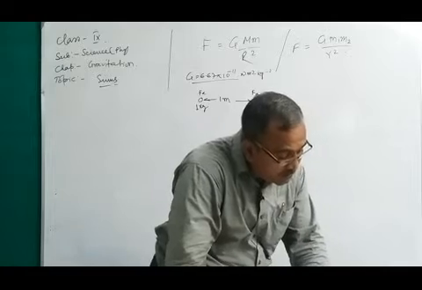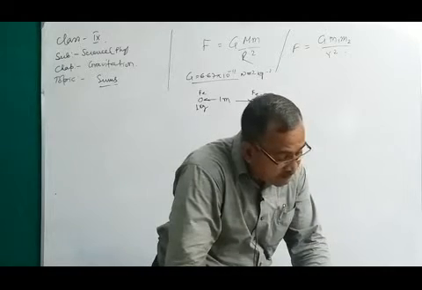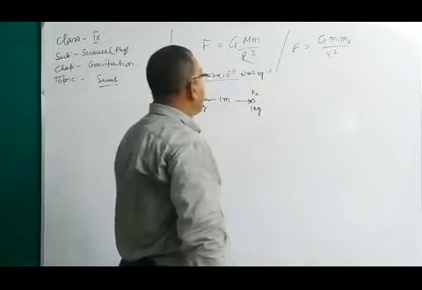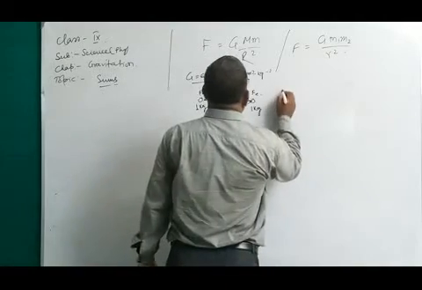G equal to 6.67 into 10 to the power minus 11. You can find out the value of F.